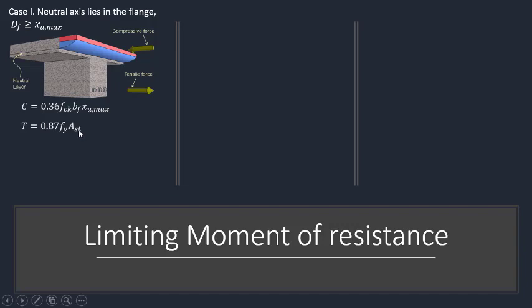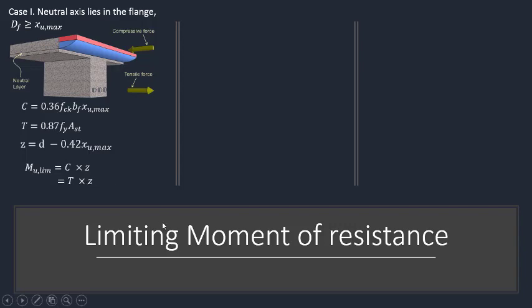The distance between the compression force and tension force is separated by a lever arm Z given by effective depth d minus 0.42 times limiting neutral axis depth XU max. Now, limiting moment of resistance for this case can be obtained by multiplying either the compression force with lever arm or tensile force with the lever arm.